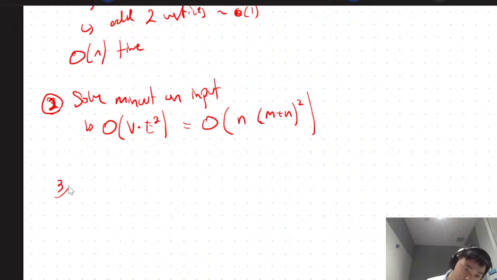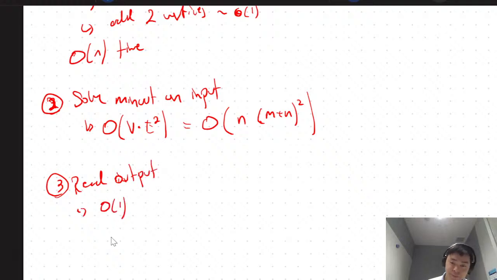And then the third thing is to just read the output, right? And this is done in constant time because the output itself is going to give you a number. It's going to give you the capacity of your cut, and that same capacity is used for the original problem.